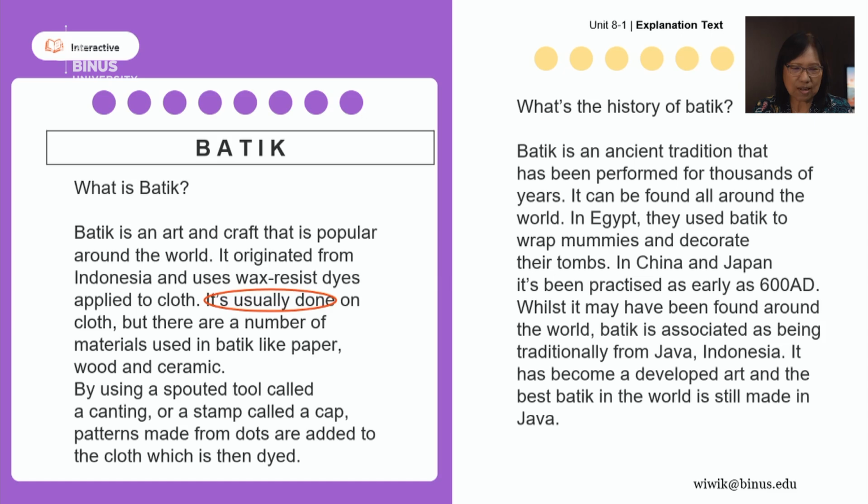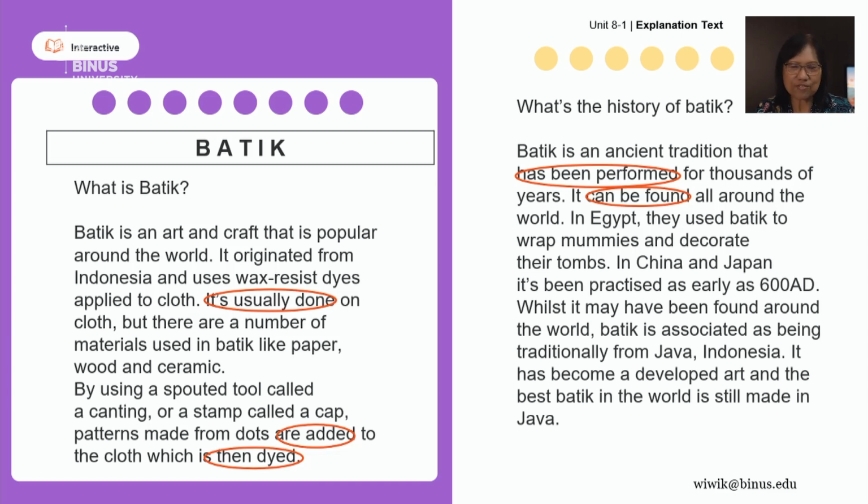It's usually done. And then are added. Is then dyed. Has been performed. Can be found.